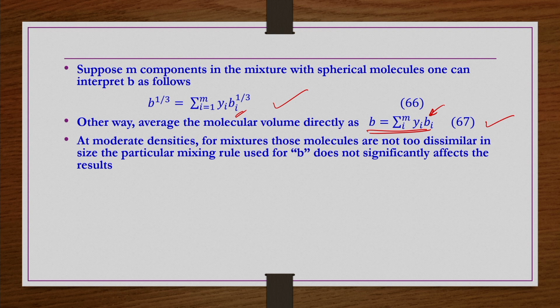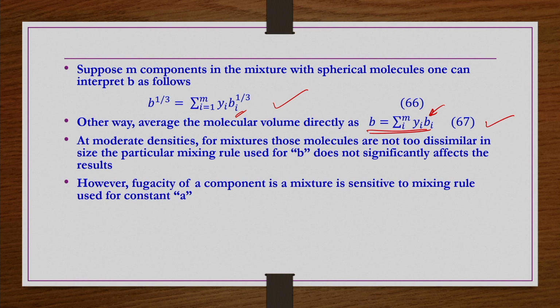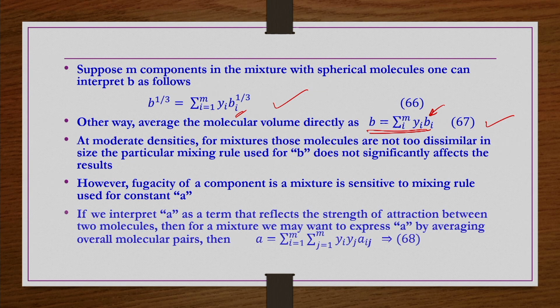But what kind of mixing rule you use to find the A constant for the mixture strongly influences the final results, especially fugacity results. So, one should be very careful while choosing the mixing rule for A. If we interpret A as a term that reflects the strength of attraction between two molecules, then out of these A and B constants, the terms with A indicate attractive forces, whereas the terms with B indicate repulsive forces.